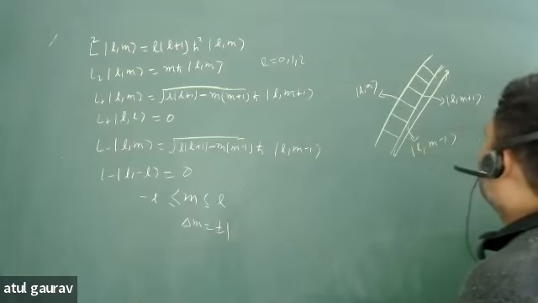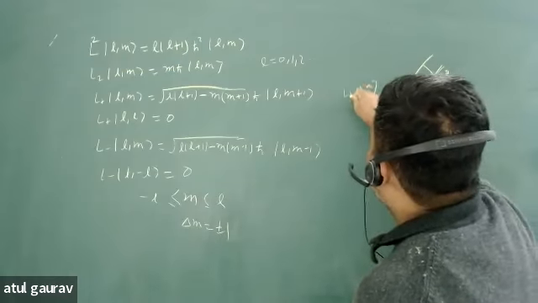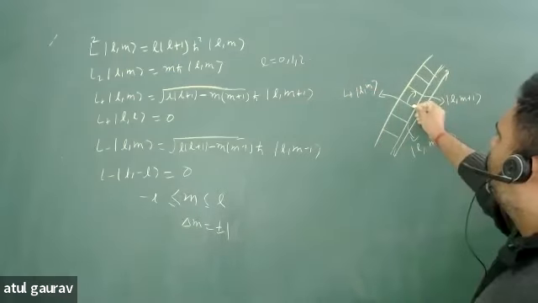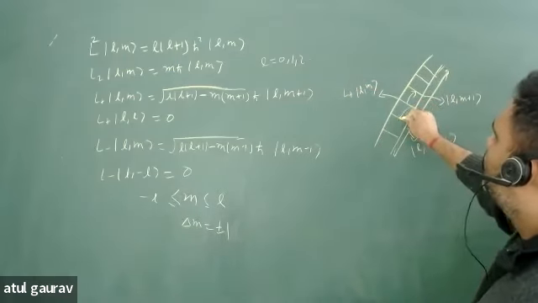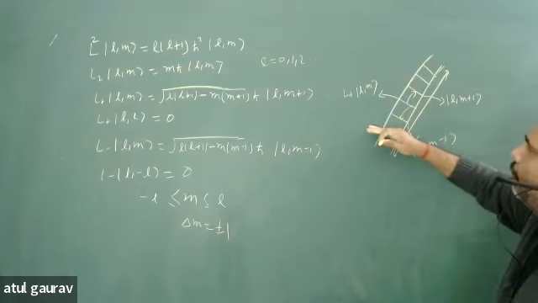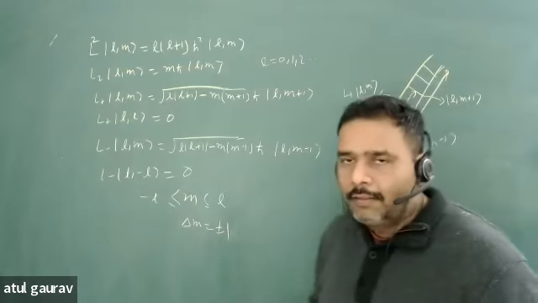What will happen when you operate L plus? When you operate L plus, you will go from here to here. And when you operate L minus, you will go from here to here. But when you reach the minimum value, you cannot go beyond that, isn't it?